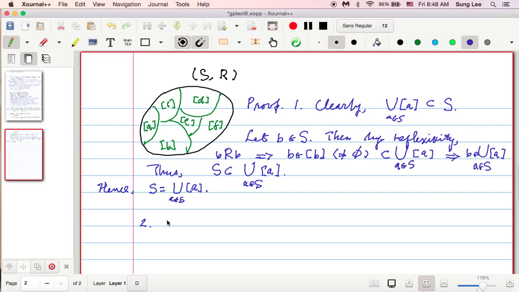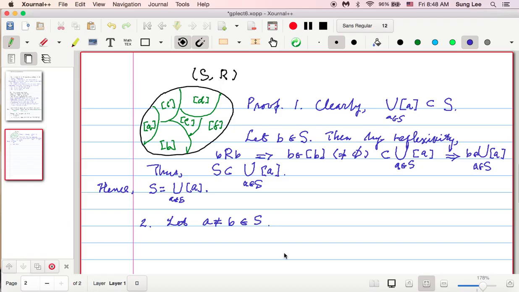So here, let A and B, two elements A and B belong to S, but we say these are two distinct elements.